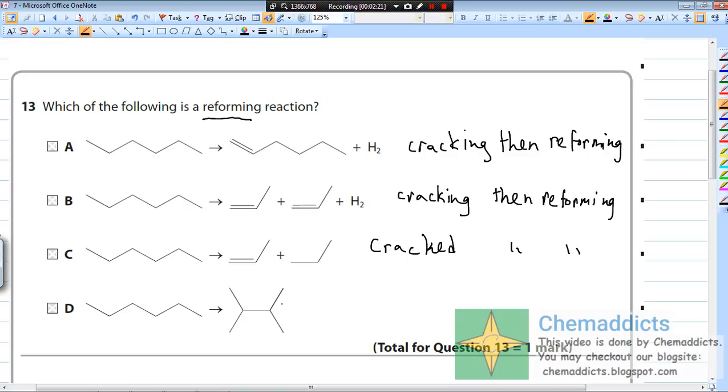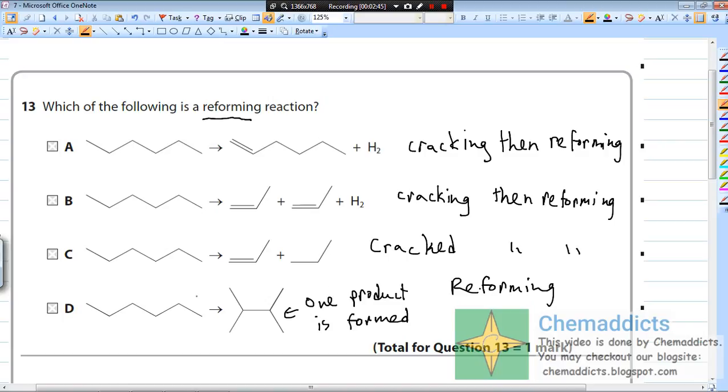There are no different molecules over here, only one product. Since only one product is formed, we are pretty sure that this is reforming.